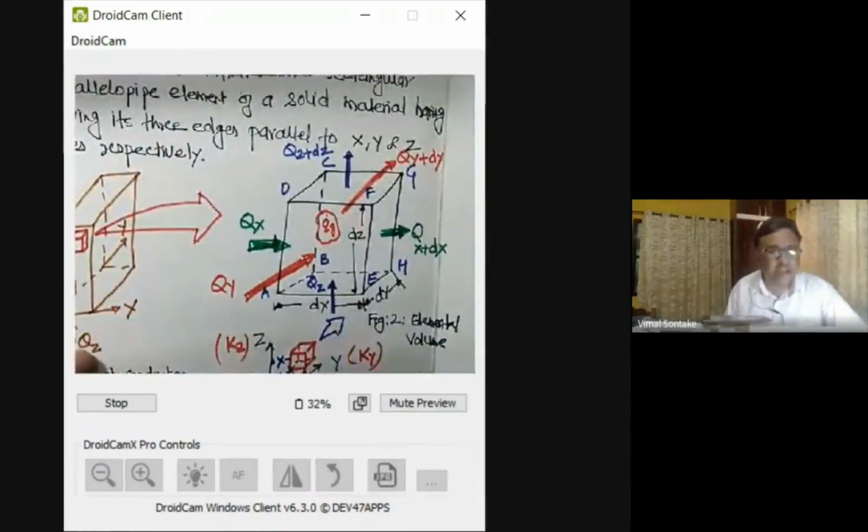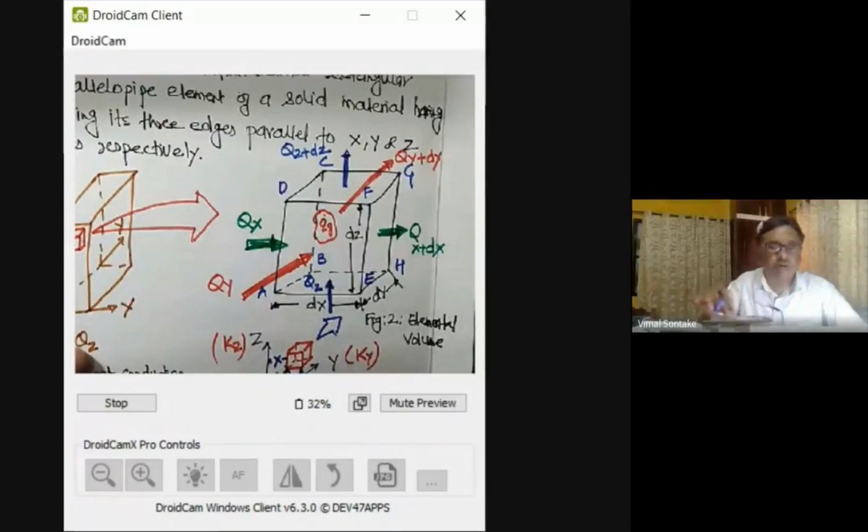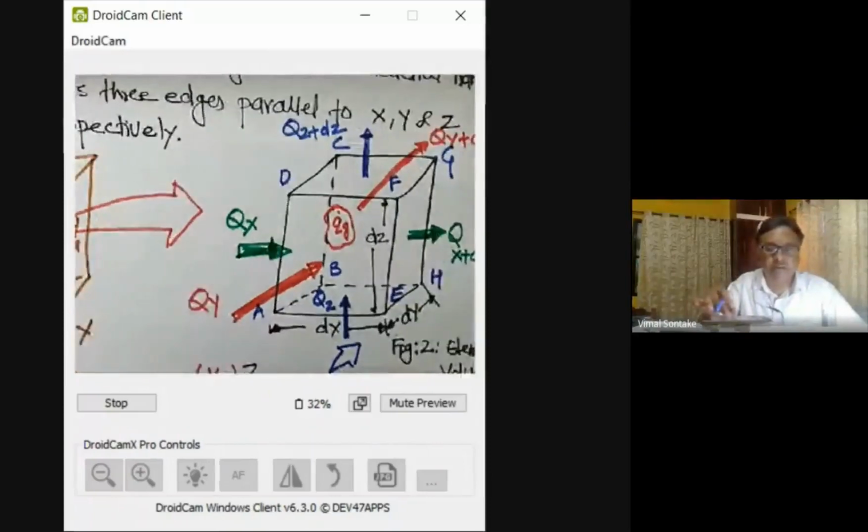This heat Qx is entering at the left face, and while it is flowing through this distance dx, which is a very small dimension, it is varying with respect to time as well as with respect to this distance.